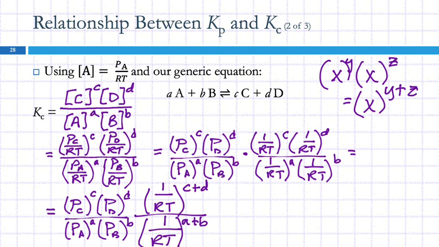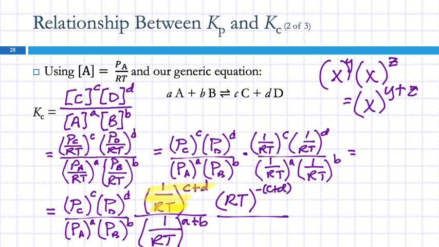Again, there's just not enough room here. So this part is the same as RT to the negative C plus D.